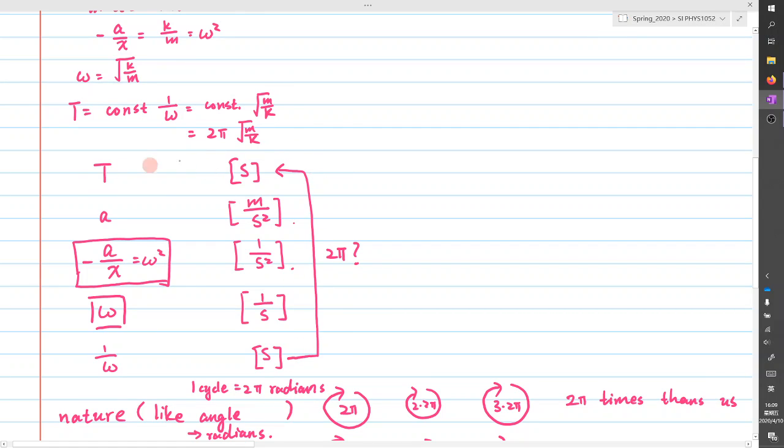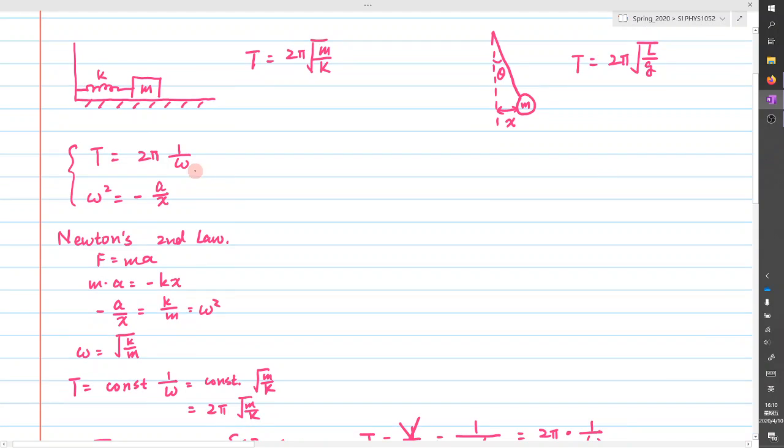So instead of having T equals simply 1 over omega, we're going to slow omega down by dividing it by 2 pi, giving us T equals omega divided by 2 pi. This is the conversion factor between cycles and radians, giving us 2 pi times 1 over omega. And that's exactly what we have here.